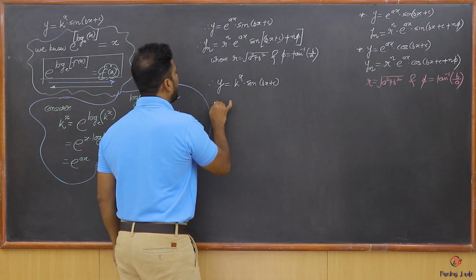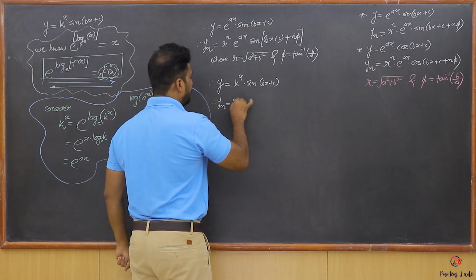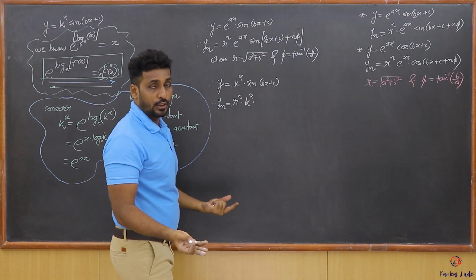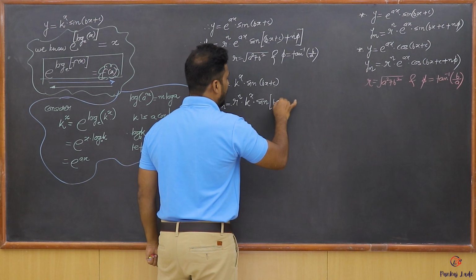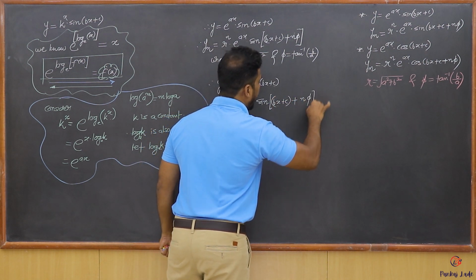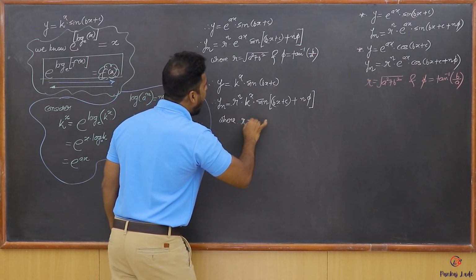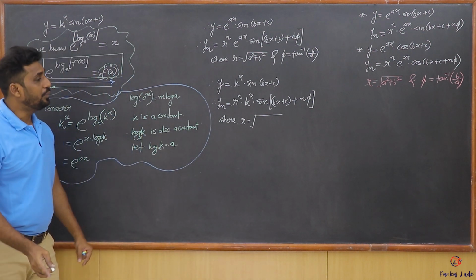So yn becomes equal to r raised to n into k raised to x into sine of bx plus c plus n phi, where r is going to be root of a square plus b square.